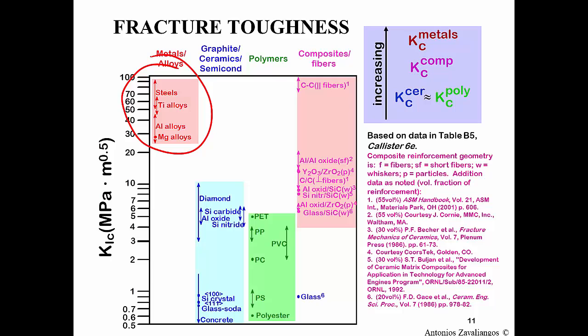Titanium alloys are up there, aluminum alloys are a little bit lower, and magnesium alloys, unfortunately, are lower.